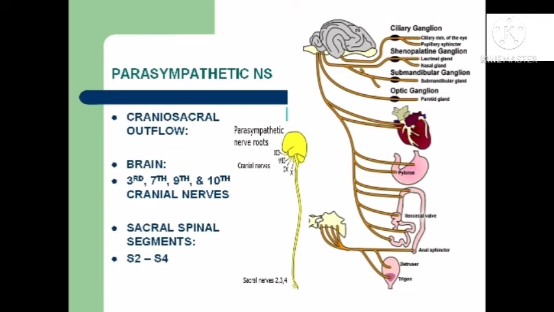The 10th cranial nerve, that is the vagus nerve, supplies the entire thoracic region organs and the abdominal organs, except some area of the colon and the urinary bladder, which are supplied by the sacral segments 2nd, 3rd, and 4th.